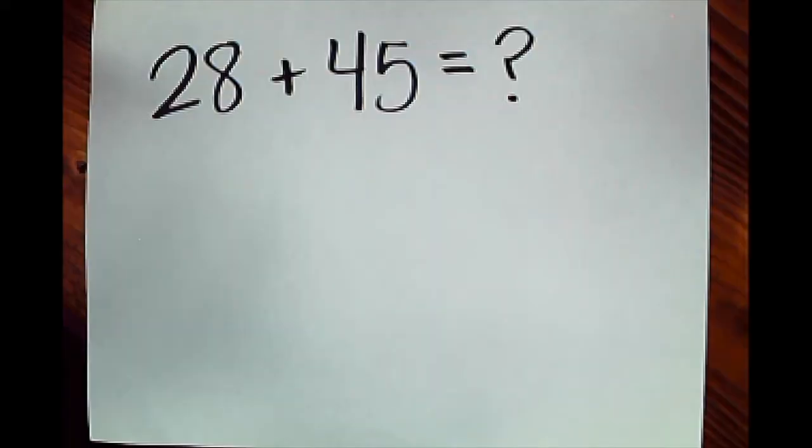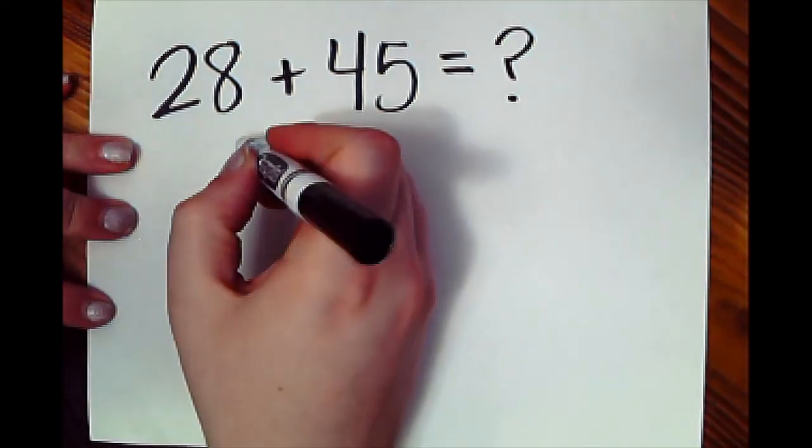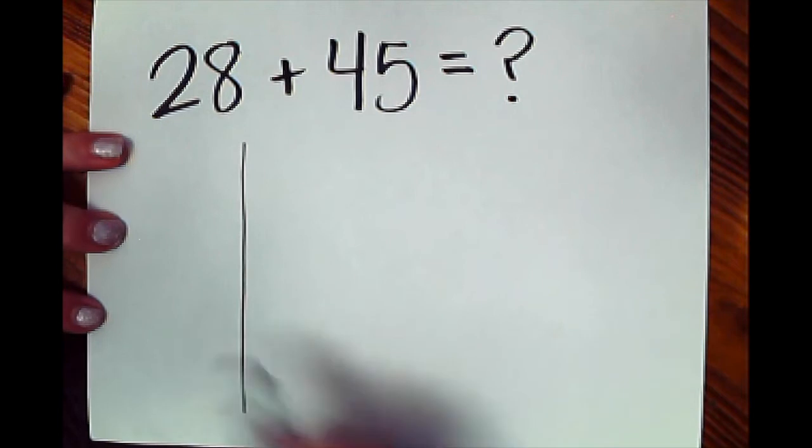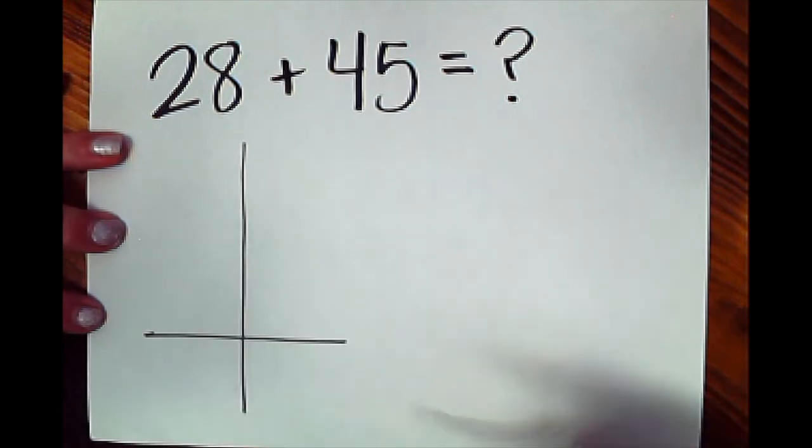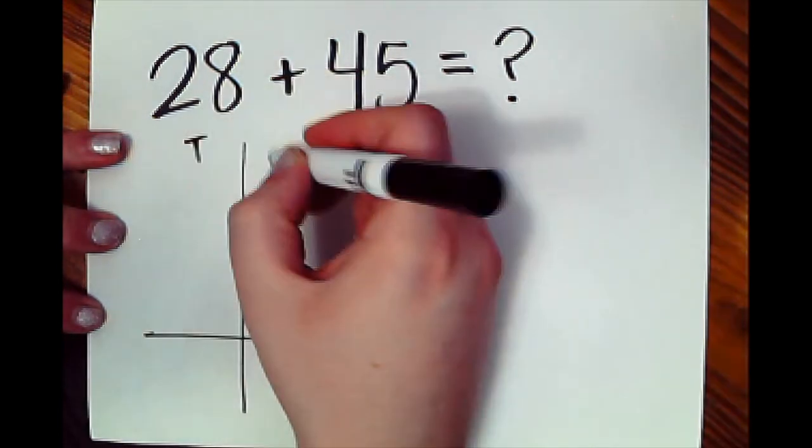28 plus 45. Okay guys, for this one, we're going to first write the number 28 by putting the tens digit in the tens column and the ones digit in the ones column. Something I like to do when rewriting my problems is make a horizontal line and a vertical line and label them as my tens and ones.